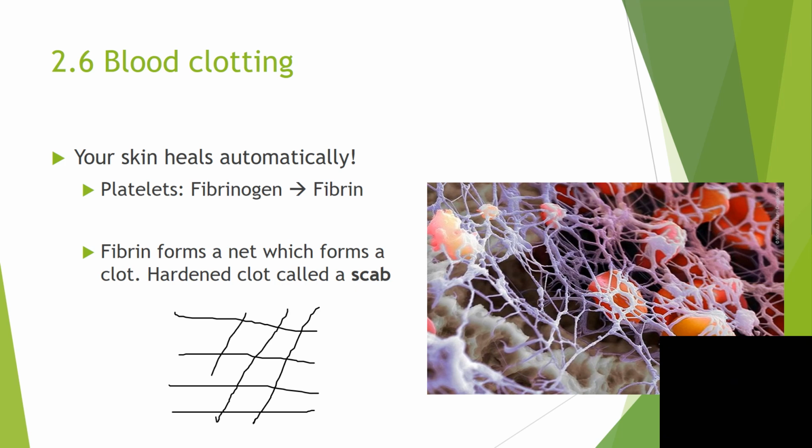So it will catch red blood cells, it will catch white blood cells, it will catch platelets, it will catch the bacteria that want to come into your blood vessels, so it also prevents infections to come in, and that is a very good thing. So this clot is called a scab when it is on the outside of your skin. But it will be called a clot when it is under your skin.